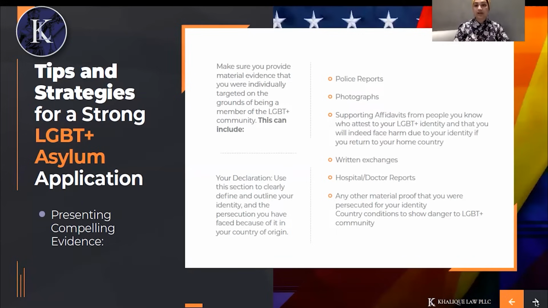And then supporting affidavit. It's very, very important that you submit supporting affidavits from other people. So I want to talk to you a little bit more about that. Supporting affidavits play a key role in your asylum application, especially if you don't have other evidence of facing actual persecution, such as police reports, medical reports, hospital records, if you were injured and went to the hospital.